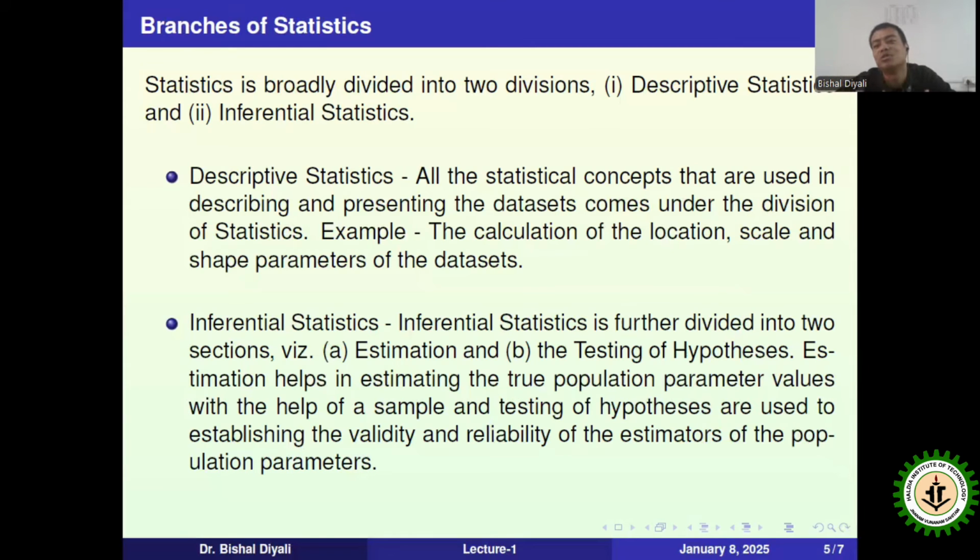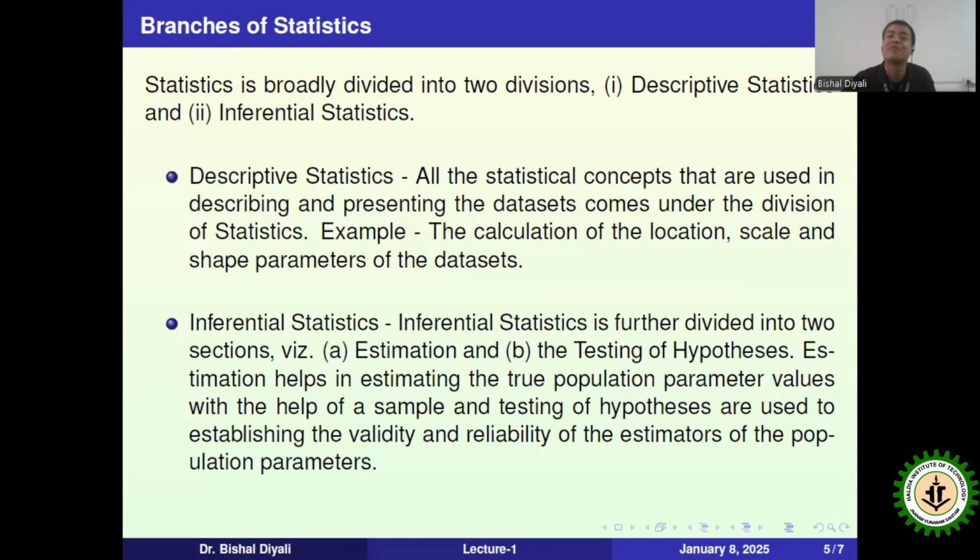After that, we want to know about the scale of the distribution, how much the data is spread over the region. For scale, we calculate quartile deviation, range, standard deviation, root mean square deviation, variance, coefficient of variation, so many things for scale. And all these things are used for describing data sets, along with shape parameters.